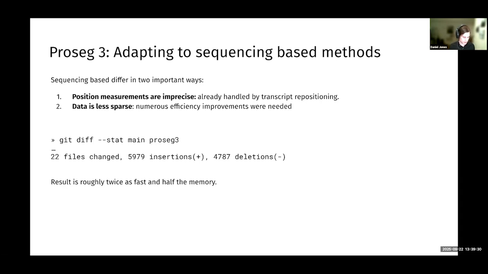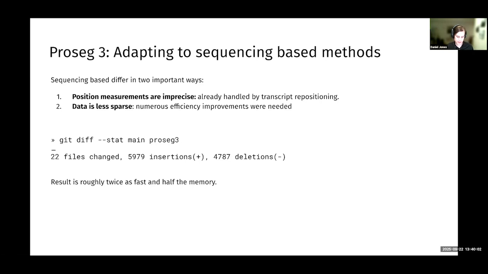The main constraint with the sequencing-based ones, which are closer to single-cell RNA-seq, except that you're assigning spatial probes one way or another, is that the spatial measurements are much more imprecise. The highest resolution for these is a few microns, whereas the imaging-based readout is thought to be very precise in the XY coordinate.